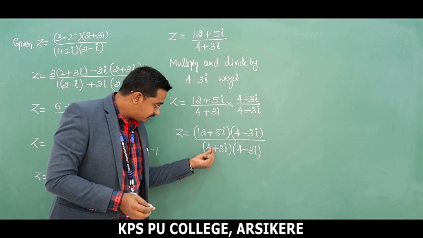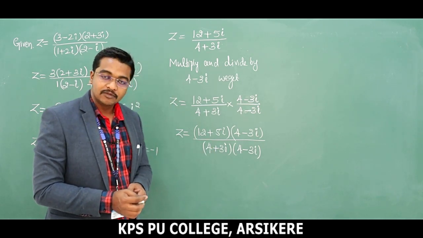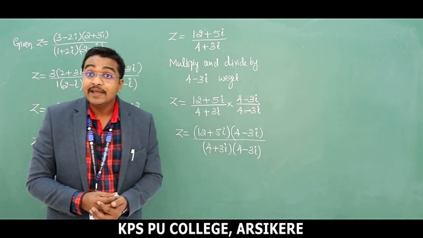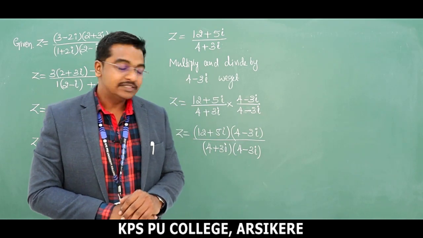Just observe here, this looks like (a plus b) into (a minus b), whose compact form is a square minus b square. Very good.